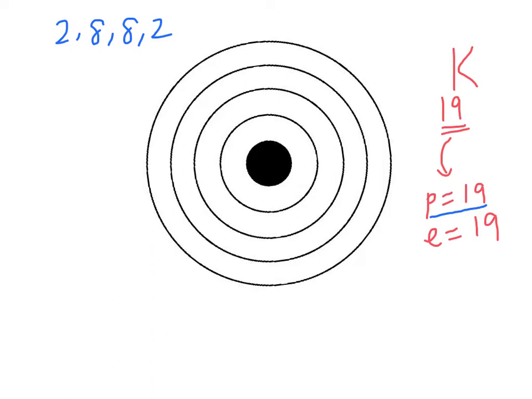So what this means is, on the first shell you can only have a maximum of 2 electrons. On the second shell you can have a maximum of 8 electrons, and in the third shell 8, and in the last shell 2. For GCSE sciences, you only need to know how to write electronic configurations for up to an atomic number of 20.